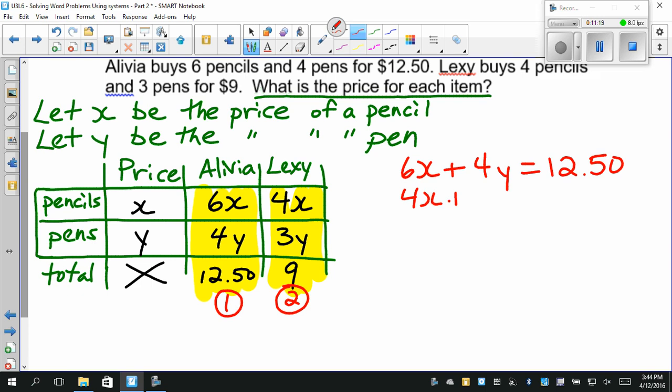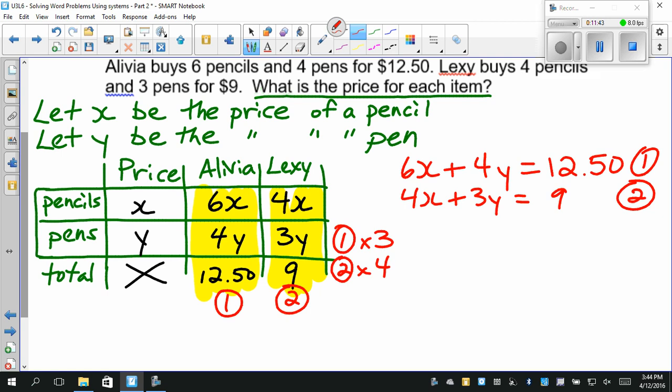1 and 2 here. And you can see in this case for elimination, we're going to have to multiply each equation by a number. I'm going to multiply, let's see, equation 1 times 3 and equation 2 times 4. And that'll create the same number in front of the y's.